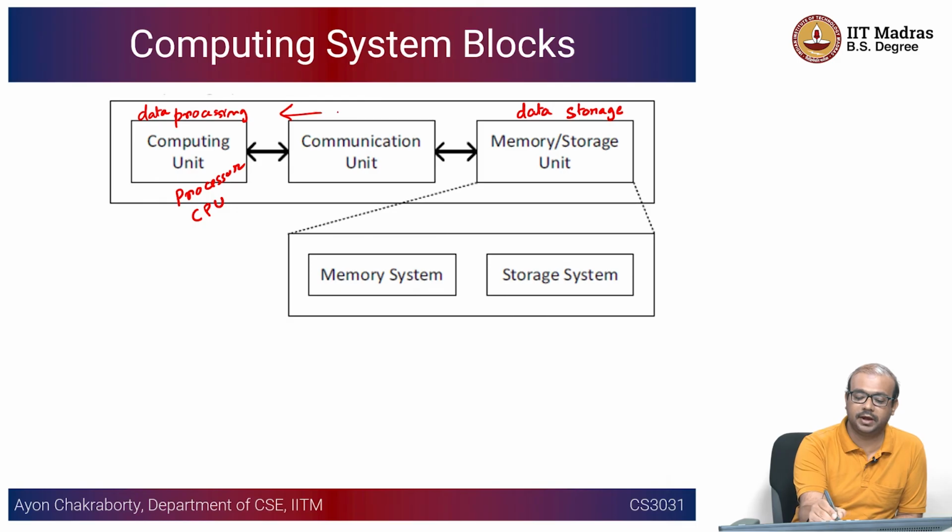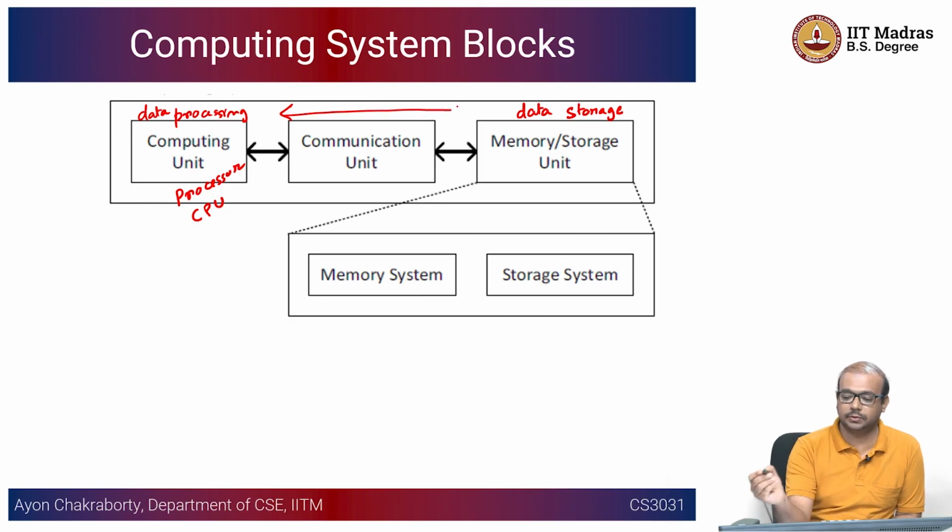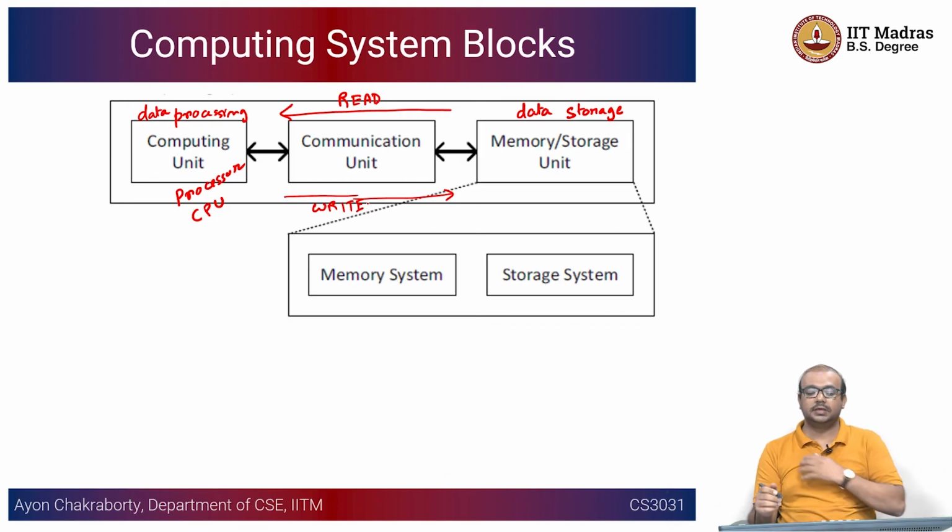This flow of data from the storage unit to the computing unit is called a read operation. Whereas when you process the data and store it back, this is called a write operation. So you need a communication unit that is able to read from the storage unit and write back to the storage unit.